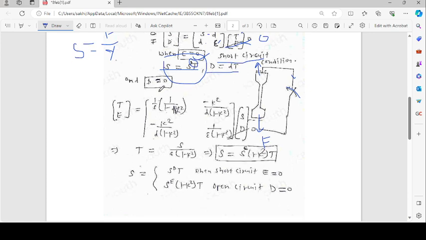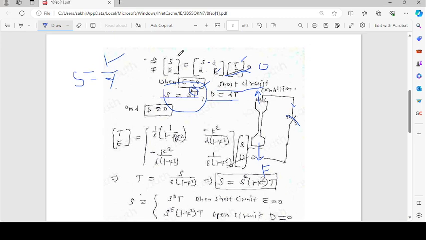Converse effect means when you apply the electric field, then these conditions are measured. So this is the inverse effect. In the inverse effect, simply take out the inverse of this matrix. So this will multiply here.